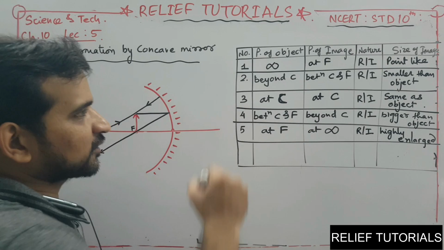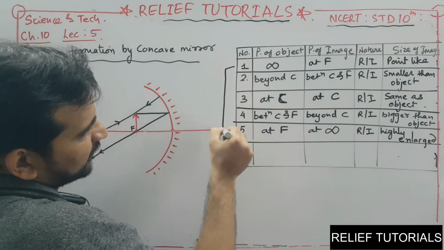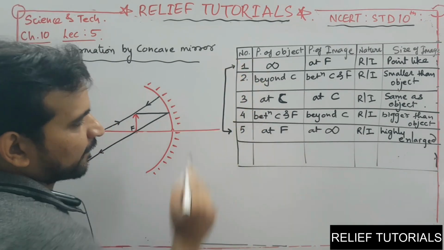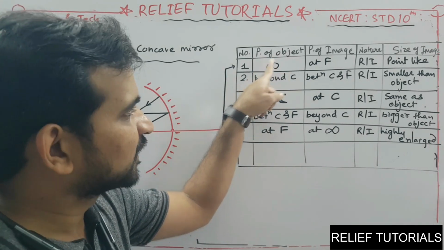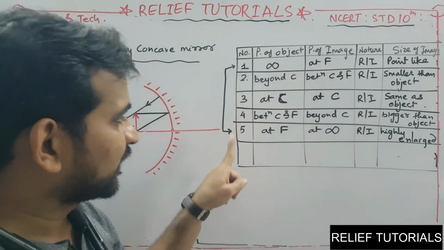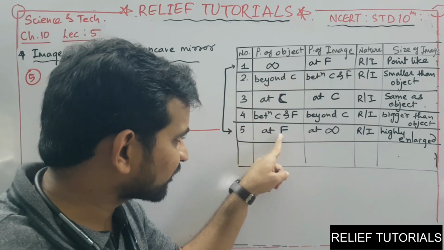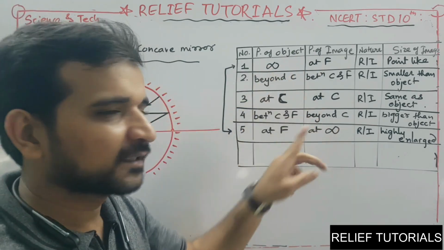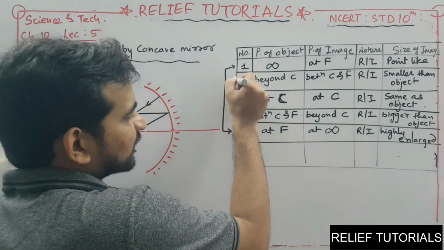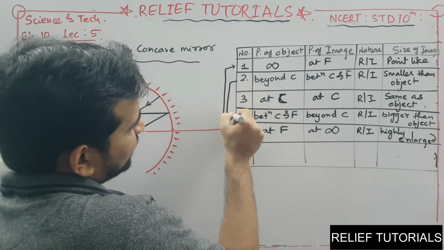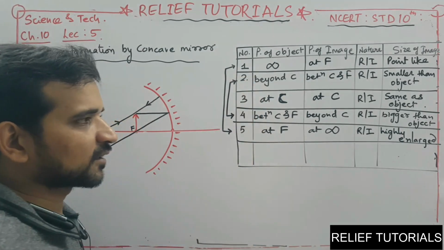So this is the most important case. If you compare the first case and the fifth case, look at this. The first case, if you place the object at infinite distance, image is at F, and if you place the object at F, image will be at the infinite distance. Reverse cases. Same way, if you compare the second and the fourth case, they are also opposite to each other.